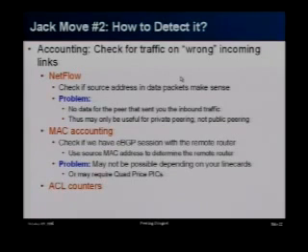Now, the problem with NetFlow is that it doesn't tell you anything about the peer that sent you the inbound traffic. Thus, it might only be useful when you have a private peering, when you have a point-to-point link with your peer, and not a public internet exchange where there might be a lot of service providers that are connected through a switch.